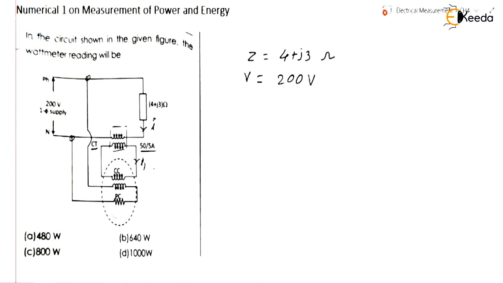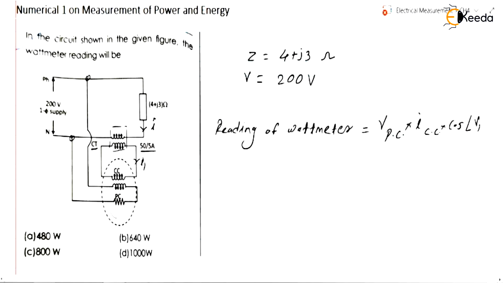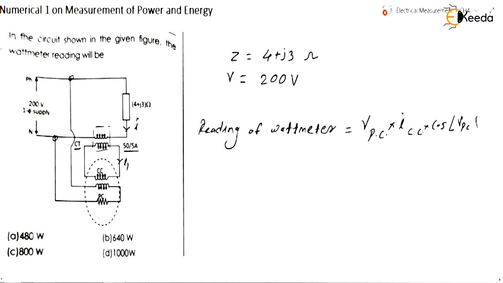Now, as we know, the reading of the wattmeter is equal to the voltage across the pressure coil or potential coil into the current flowing through the current coil into the cosine of the angle between VPC and ICC, right?